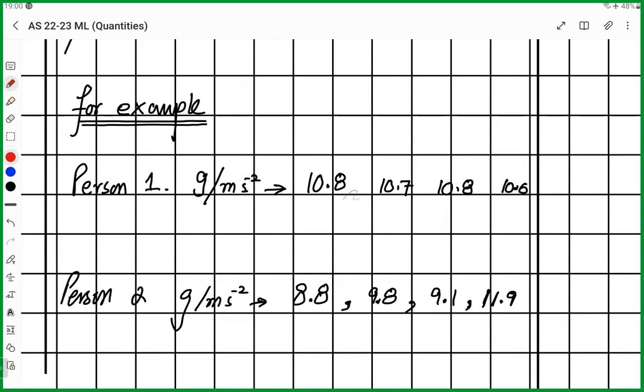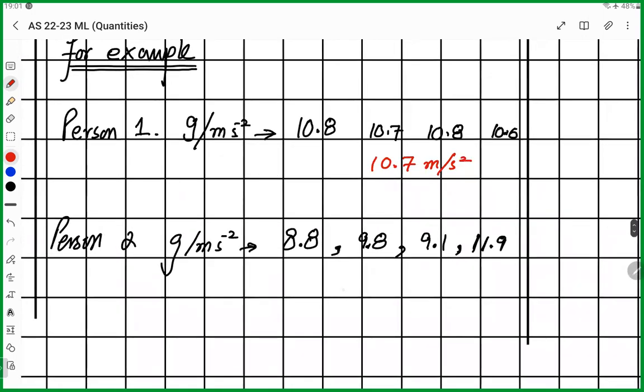The easier way is that 10 is common in everyone. 8 and 7 is 1.5, plus 8 is 2.3, plus 6 is 2.9, divided by 4 is 0.725. So 10.7 meter per second square.